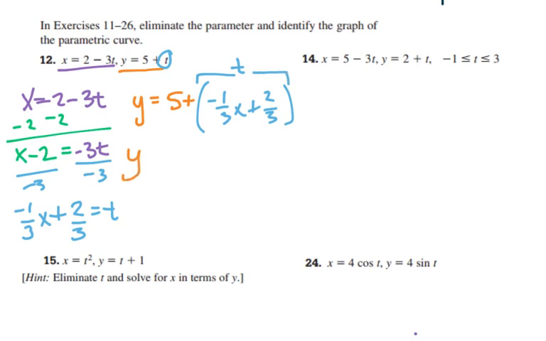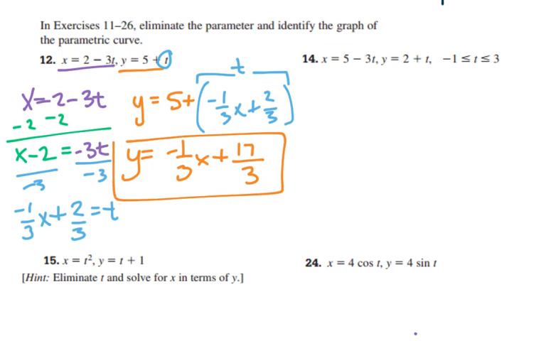And so our ultimate equation is going to be negative 1/3 x plus 17/3. Gross. Okay. Then they want you to identify the graph of the parametric curve, so we're going to go with linear. Yeah. Okay, because it's got a power of 1.